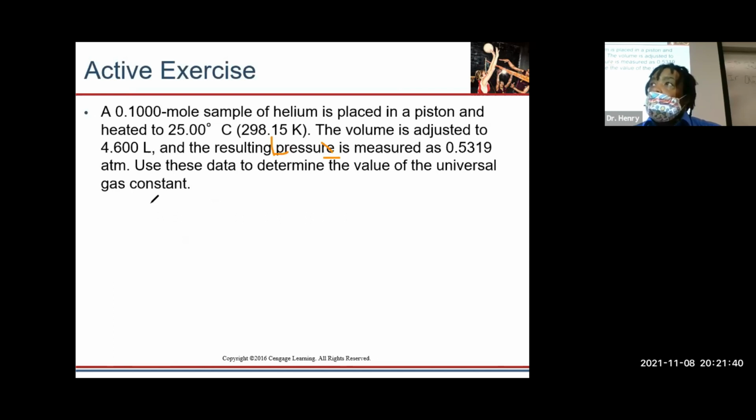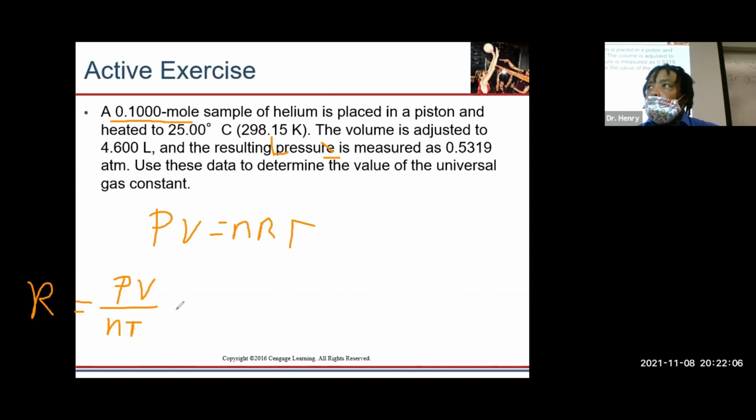So in this case, PV equals nRT. And here they want you to find the universal gas constant, the ideal gas constant. Okay, so we're solving for R. So PV over nT is going to equal R. They give you the number of moles, so n equals the number of moles.